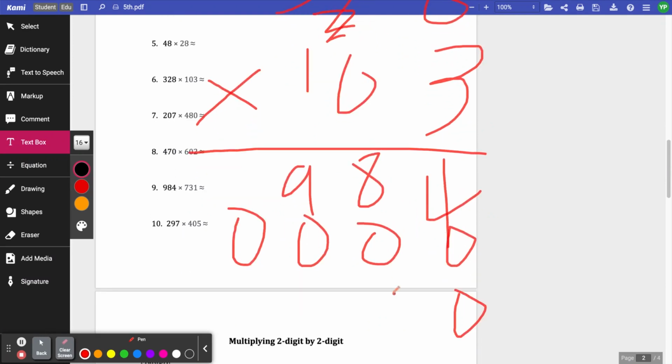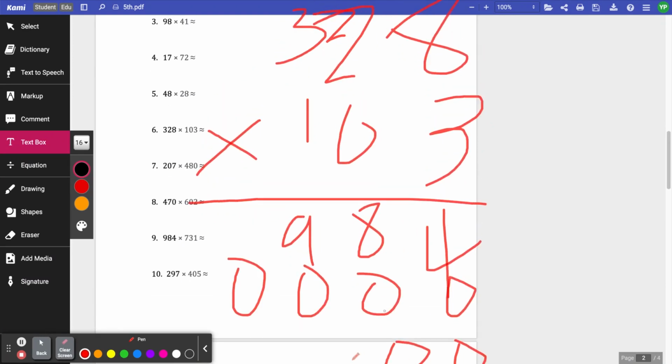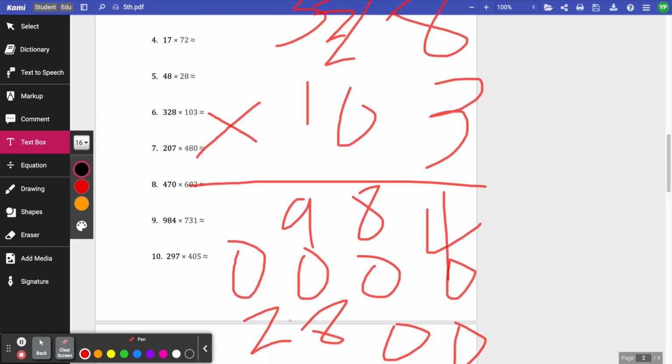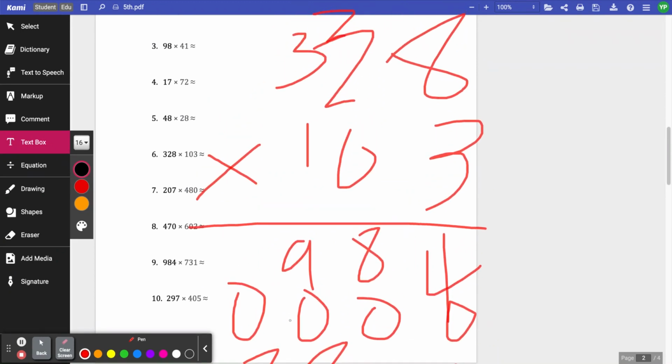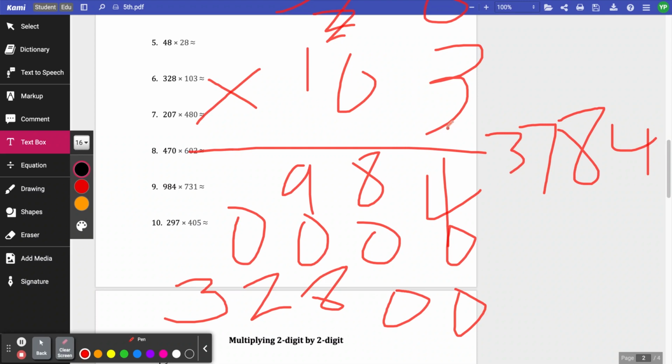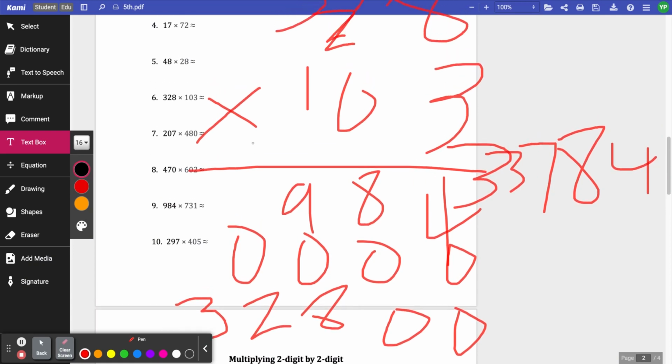And this time you add 2 placeholders. And then multiply by 1: 8 times 1 is 8, 2 times 1 is 2, and 1 times 3 is 3. So you add these up and you get 33,784 for number 6.